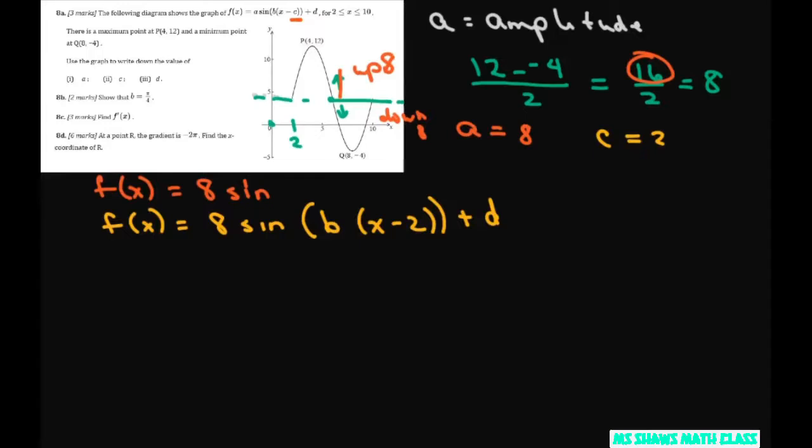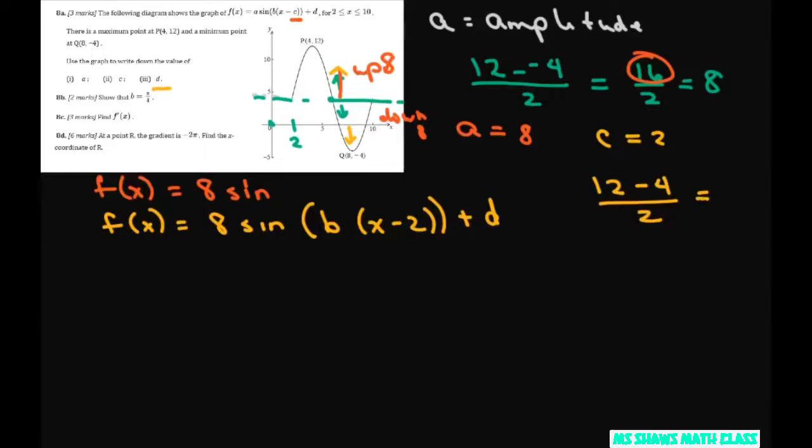All right, so your d is your vertical shift, up or down. Since we're going up 8 here and down 8 here, basically you're taking 12 minus 4 and dividing that by 2.